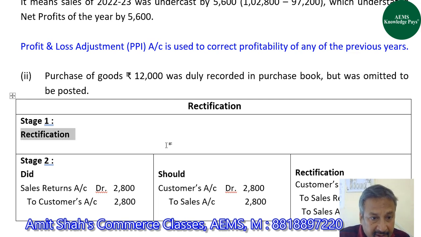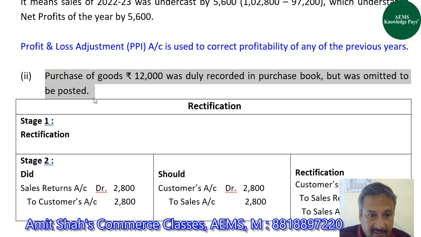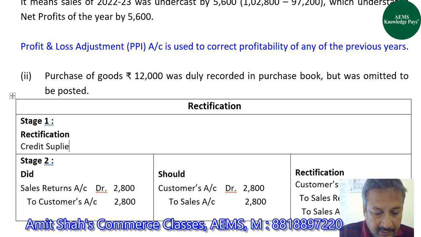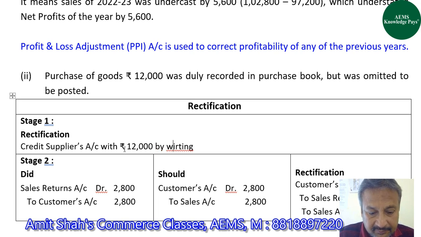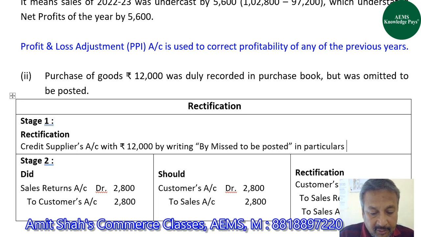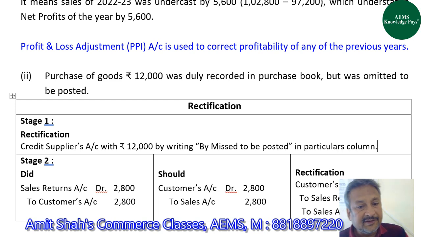So what you have to write in rectification under stage one for this error is: credit supplier's account with rupees 12,000 by writing "by missed to be posted" in particulars column. That's it.